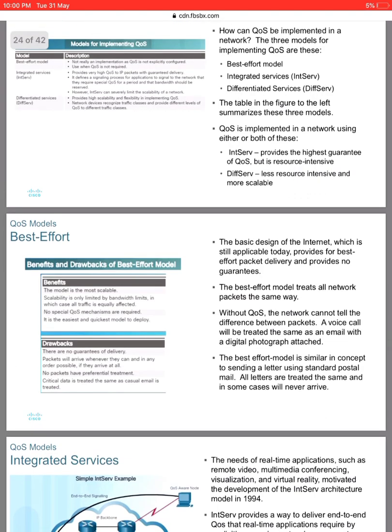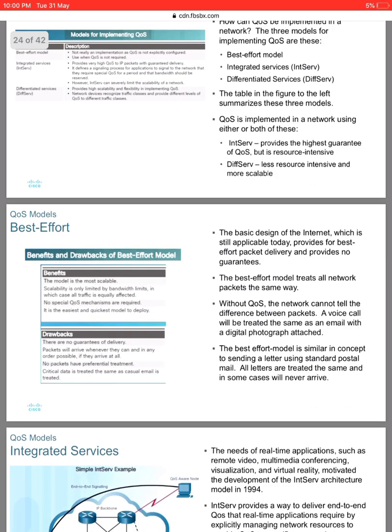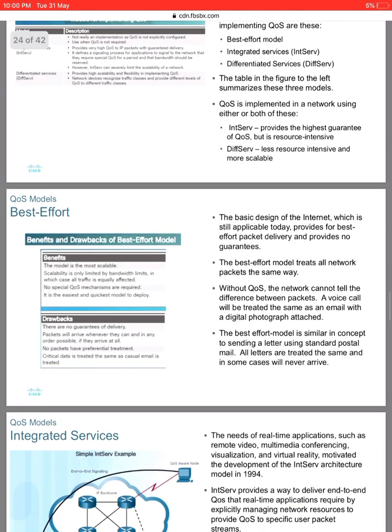IntServ provides very high QoS to IP packets with guaranteed delivery. It defines a signaling process for applications to signal to the network that they require special QoS for a period, and that the bandwidth should be reserved.